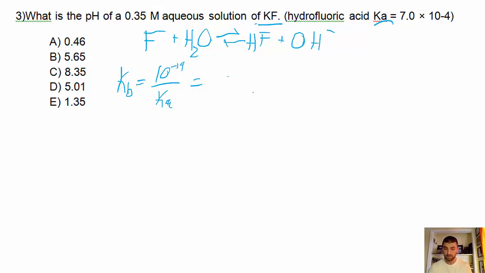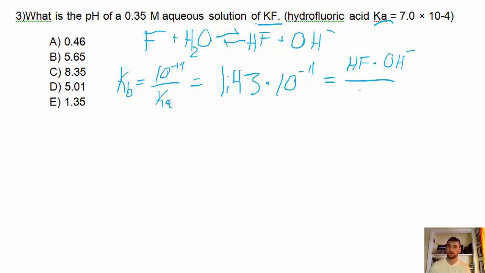I get 1.43 times 10 to the negative 11. That's my Kb. Now I'm going to have to use that Kb expression, which would be the HF times the OH minus all over the fluoride ion concentration, to figure out how much of each thing we got.